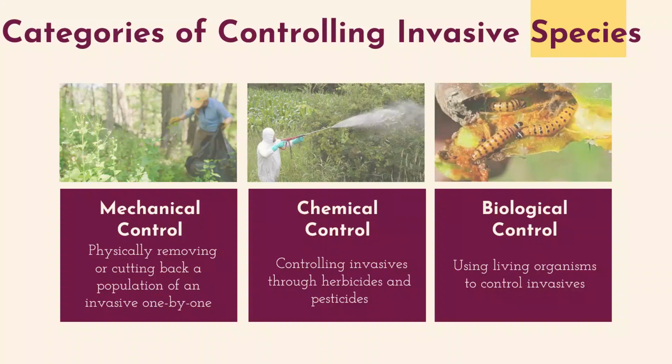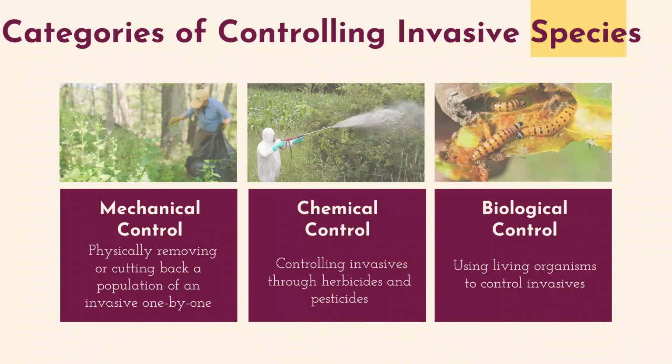Once an invasive species has become established in a new area, the strategy shifts to containment, control, and eradication. The goal is to stop it from spreading to new sites, stop the population from growing at its current site, and eventually eradicate it completely. There are a number of different tools and methods that can be used to contain, control, and eradicate invasive species, but they generally fall into one of 3 categories: mechanical control, chemical control, and biological control.